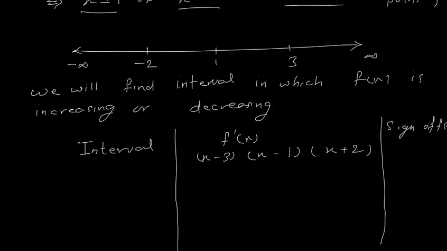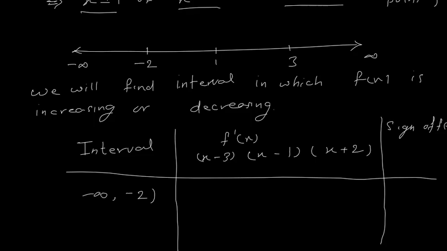Now the first interval will be from minus infinity to minus 2. Here we are taking open intervals, so we are not taking these critical points into account. In this open interval the sign of the expression is going to be negative. How do you check the sign?